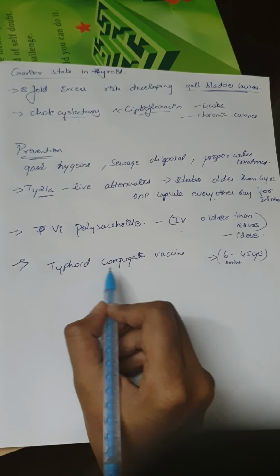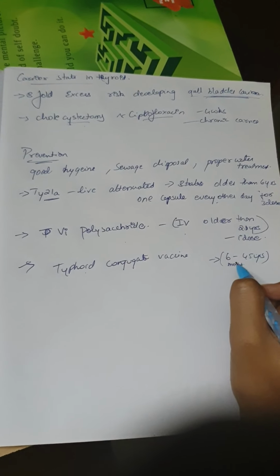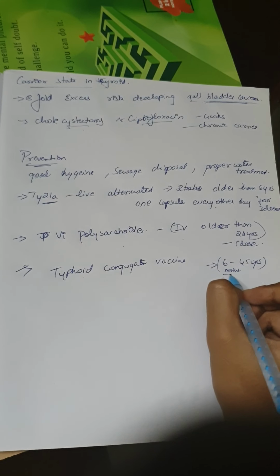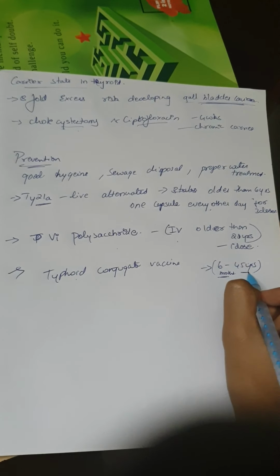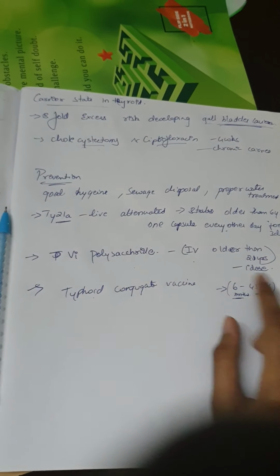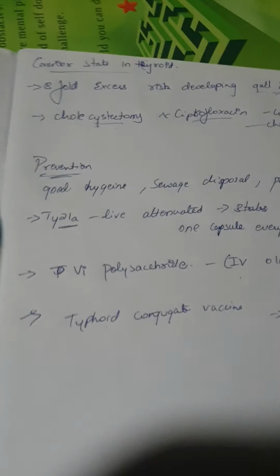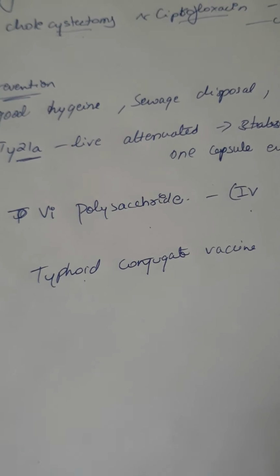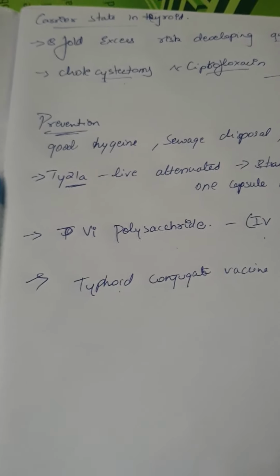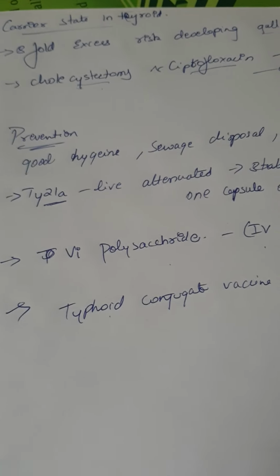And the typhoid conjugate vaccine is given to persons between 6 months and 45 years old. Okay, so that's how it ended. I don't know how far you understood, but hopefully you have got something out of this. I hope you benefited. Thank you so much.